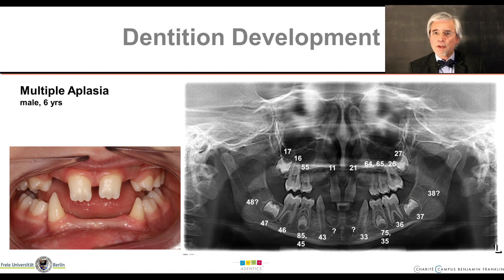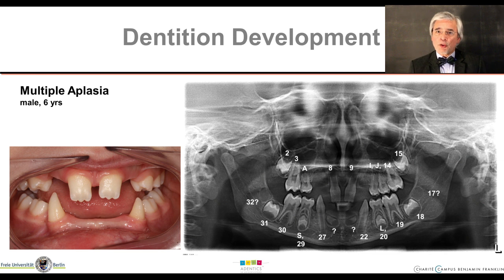This young boy is 6 years of age, but look, the lower canines that we see have an impressive size and have tremendously highly erupted into the oral cavity. We have to assume that these are the permanent canines already in the 6-year-old boy. For the American colleagues, I have given the tooth numbering according to the United States system into this radiograph.